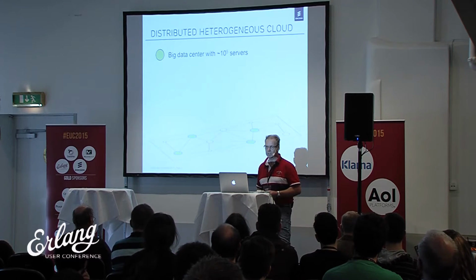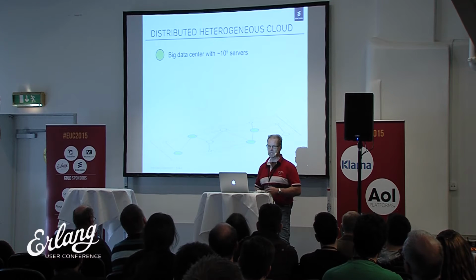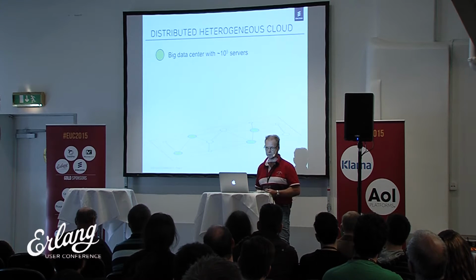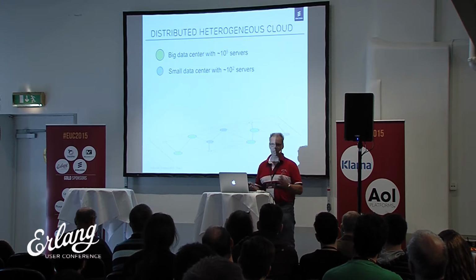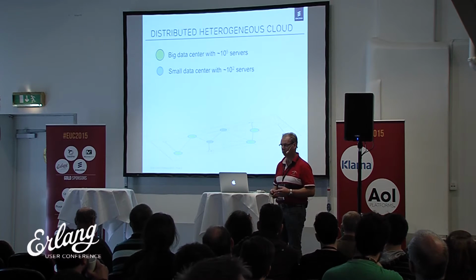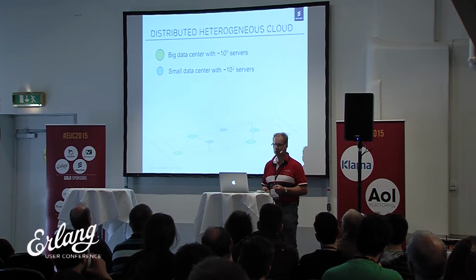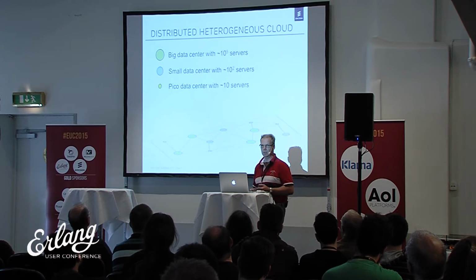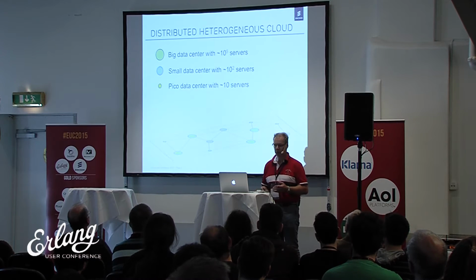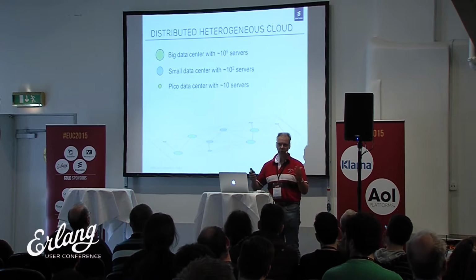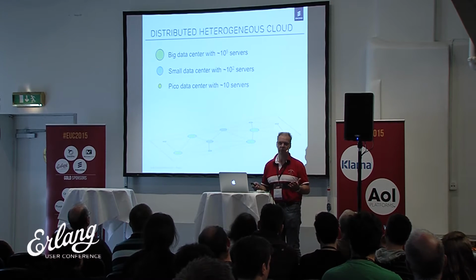So, first, what is a distributed heterogeneous cloud then? It's a cloud where you have big centralized data centers with tens of thousands of servers. You will have some smaller data centers as well with maybe a couple of hundred servers, or really tiny ones, from 1 to 10 servers. So that is a huge, broad variety in the size of each data center.